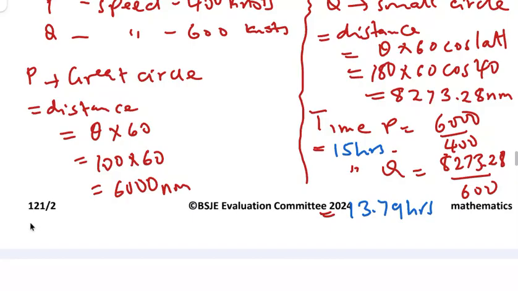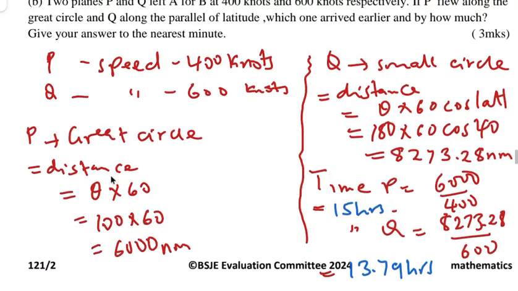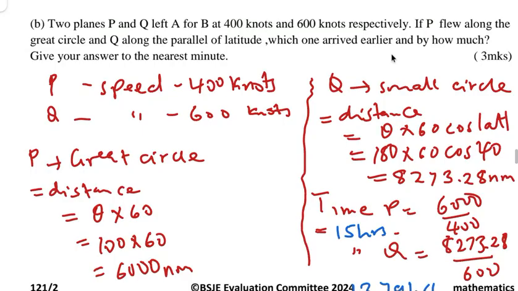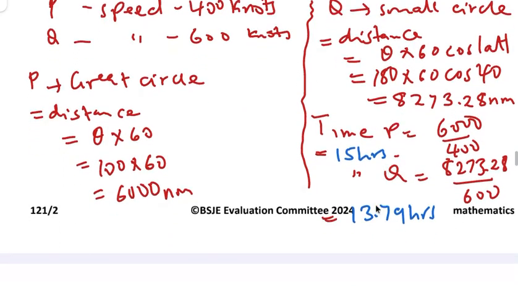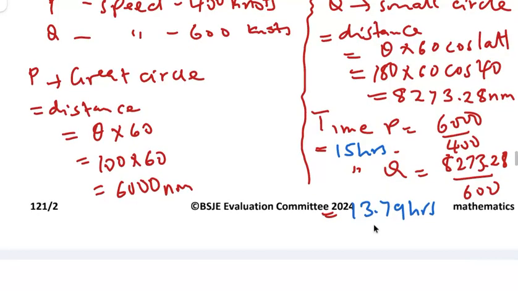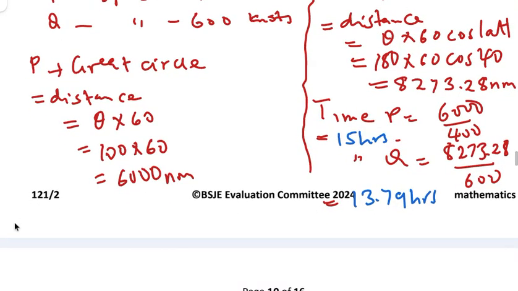To get your answer here: you were told P flew along the great circle and Q along the parallel of latitude, which one arrived earlier and by how much? The one that arrived earlier is Q, because it took less time. And by how much?